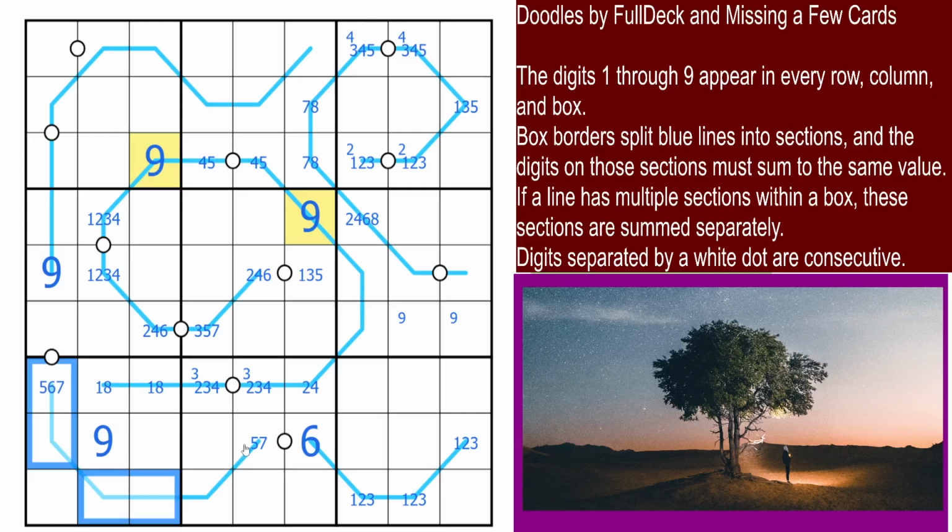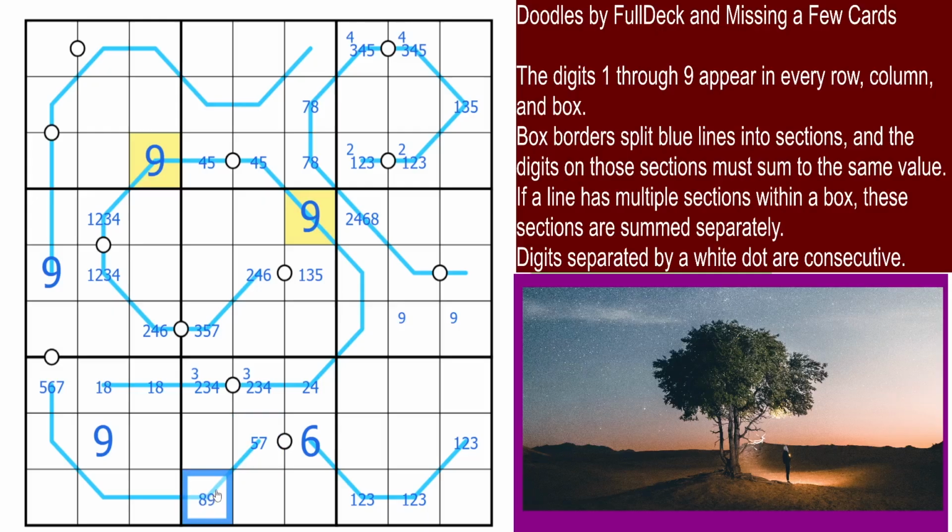So 14. If this is 5, the only possibility is 9 here, which sums to 14, the minimum here: 2, 3, 4, 5. But if that's 7, then that's 8, 9. So I think this is 8, 9.